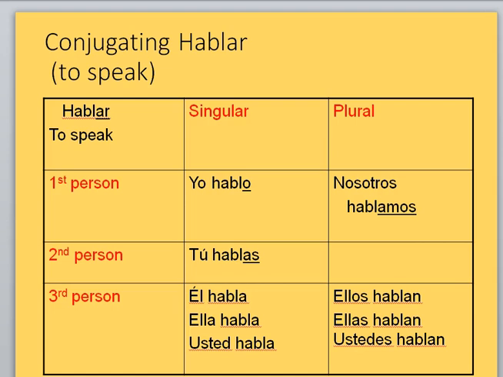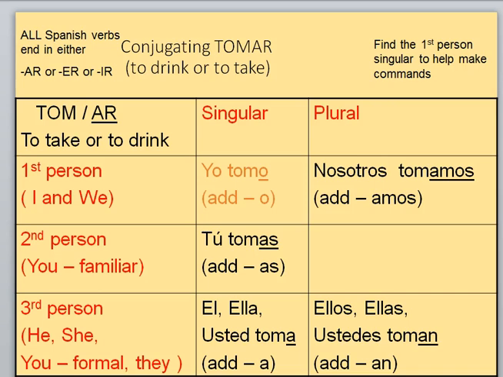Here's what hablar looks like conjugated with a little less busy diagram. Yo hablo, nosotros hablamos, tú hablas, él, ella, usted habla, ellos, ellas, ustedes hablan. Let's look at another example. The verb tomar means either to drink or to take.